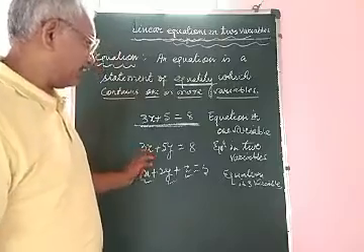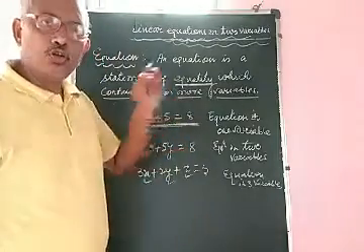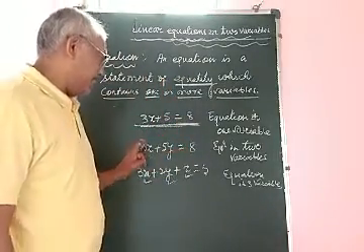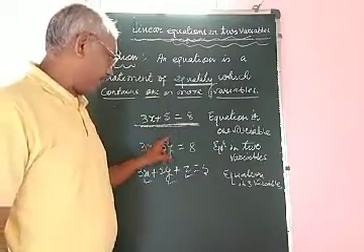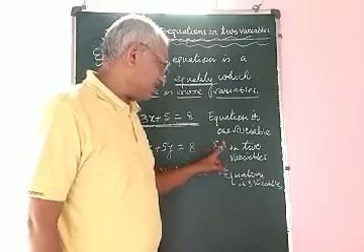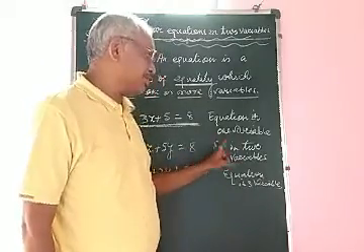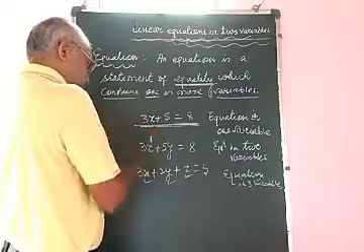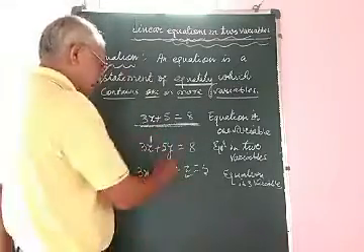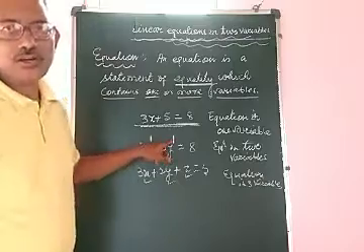And if an equation contains two variables and having the exponent on the variables as 1, then it is called linear equation in two variables. Here the power on x is 1 and power on y is also 1.